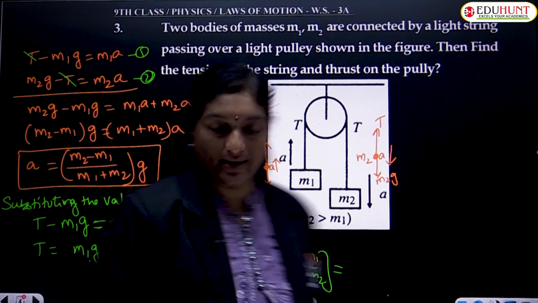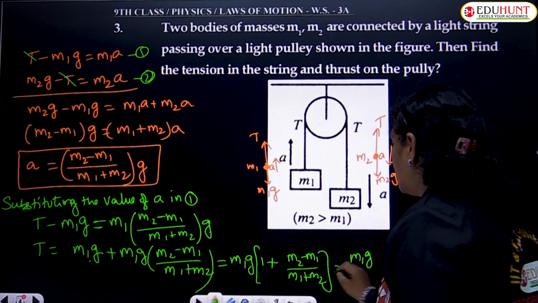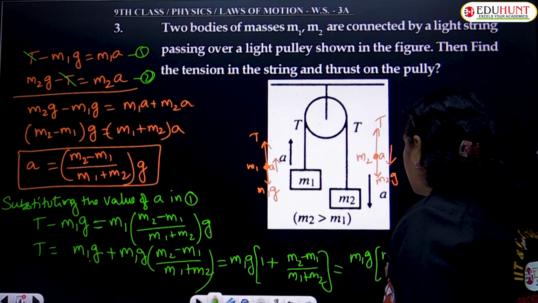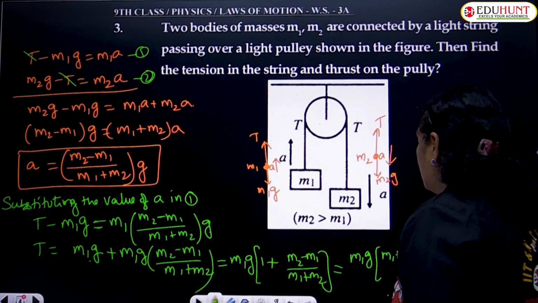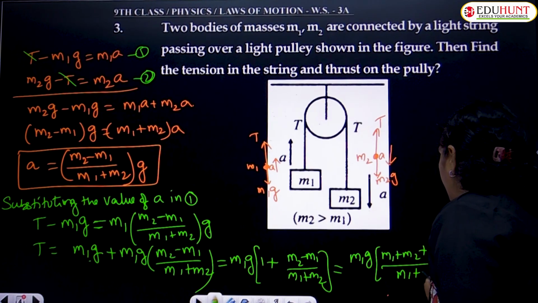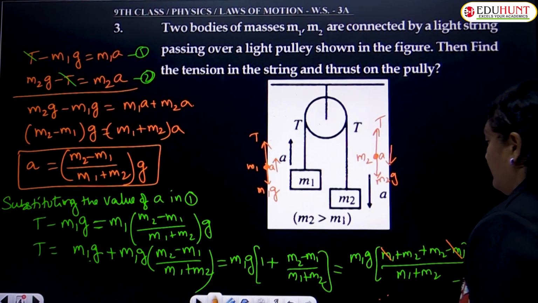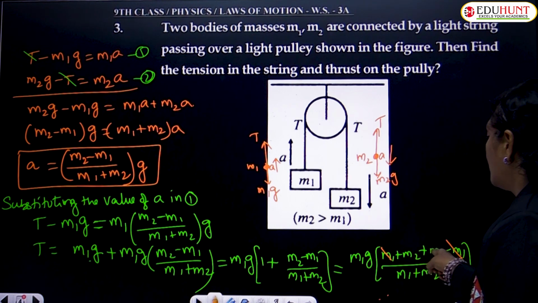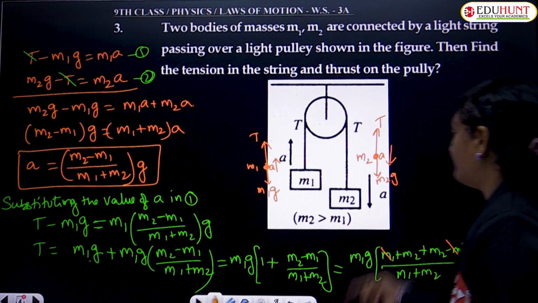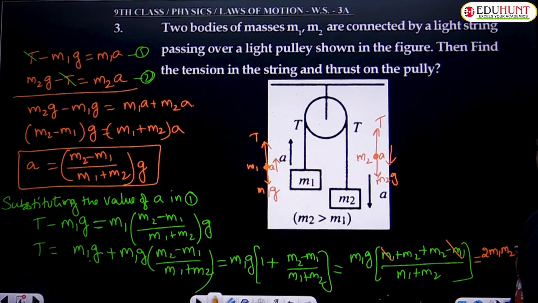Solving this, we get the value of T as M1G into, taking the LCM in brackets, (M1 plus M2 plus M2 minus M1) whole upon (M1 plus M2). Solving this, minus M1 and plus M1 get cancelled. Then you are left with M2 plus M2, which is 2M2. 2M2 into M1G is 2M1M2G upon (M1 plus M2).